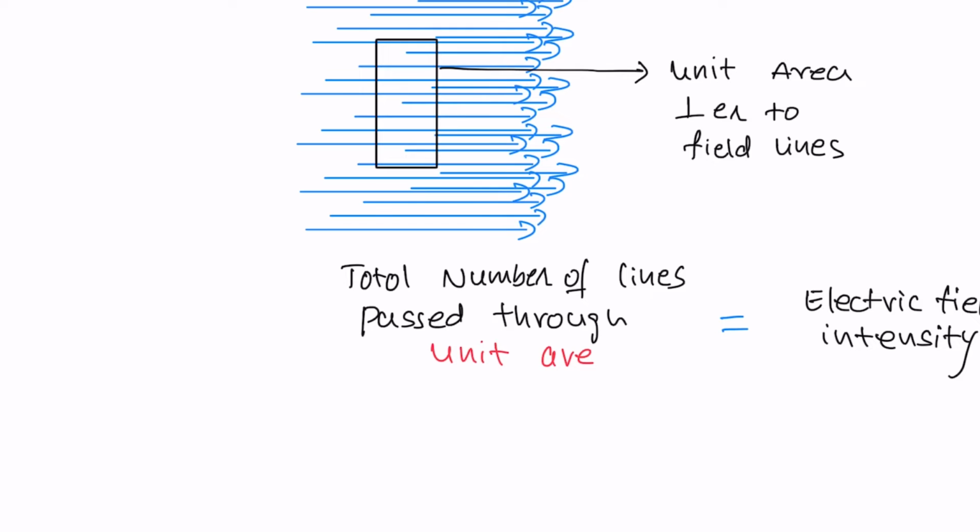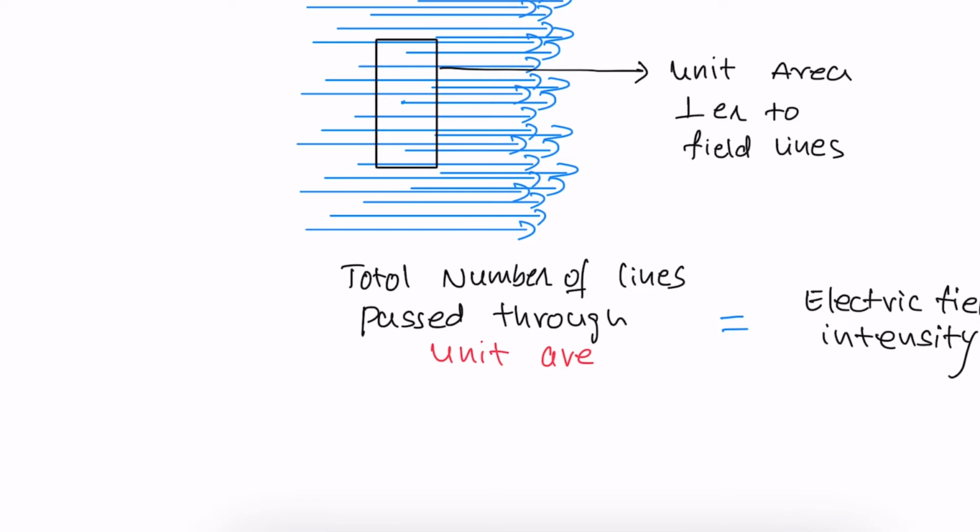So here as a reference, the total number of lines passed through unit area is taken as the electric field intensity. So this is taken as a reference.